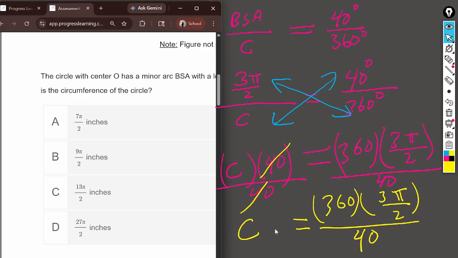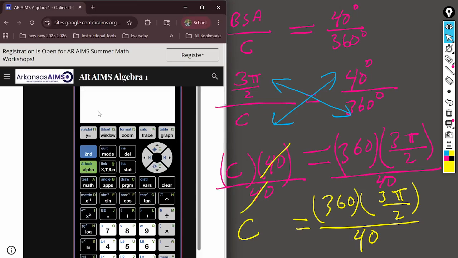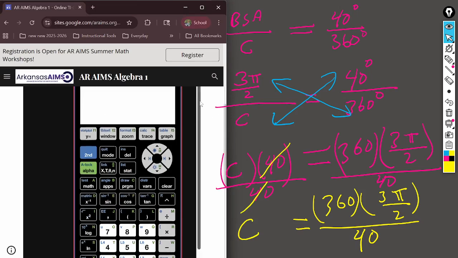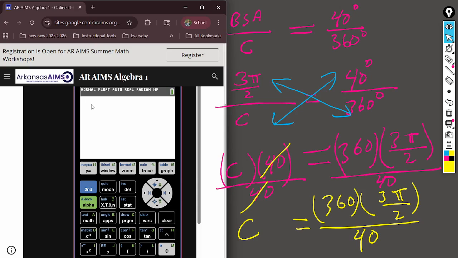Using the calculator, we can start by just writing 360. We multiply it by 3 and then divide the answer by 2, and finally divide everything by 40.